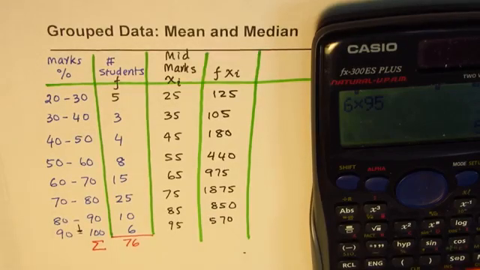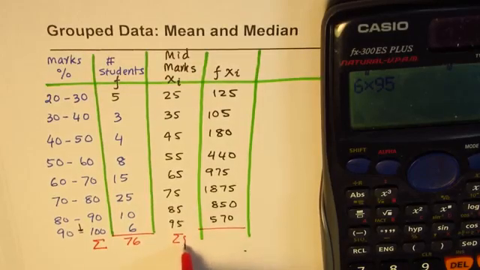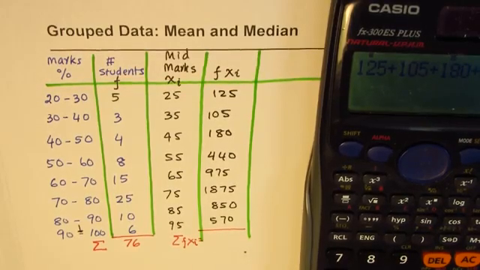Let's add this up to find the total for f xi. So it's 125 plus 105 plus 180 plus 440 plus 975 plus 1875 plus 850 plus 570.